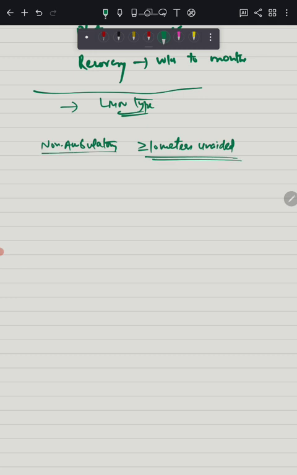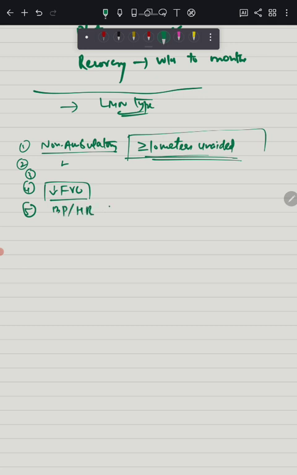So the patient is non-ambulatory, can't walk 10 meters unaided, and there is rapid progression of weakness. Third is bulbar muscles are involved. Fourth is respiratory compromise, so reduction in FVC. Fifth is severe autonomic instability, for example BP and heart rate swings.